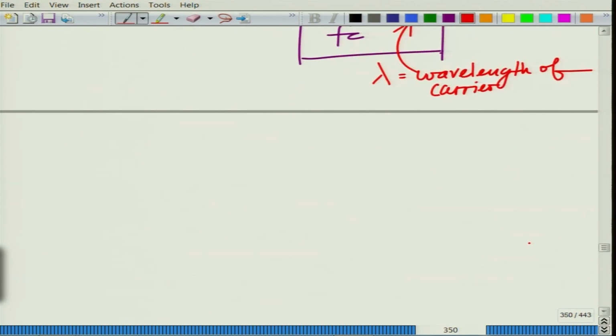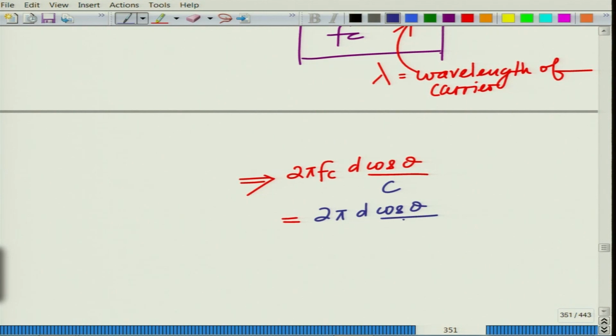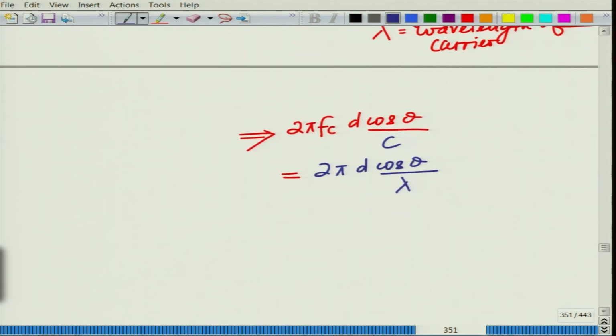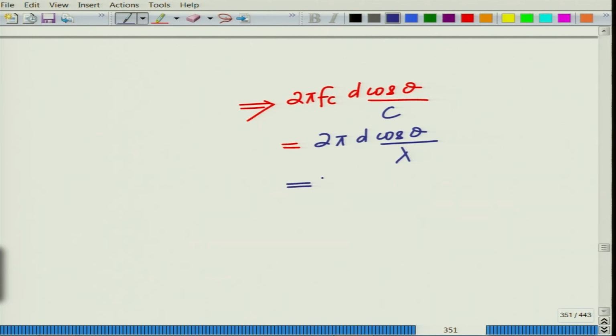So 2 pi f_c d cosine theta over c becomes 2 pi d cosine theta over lambda, which I can write as some constant k times cosine theta, where k equals 2 pi d over lambda.